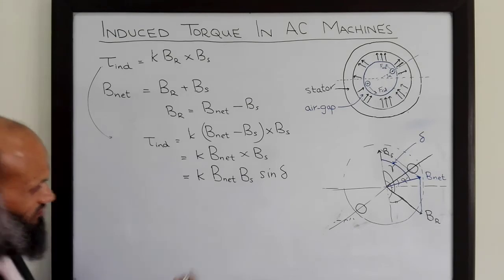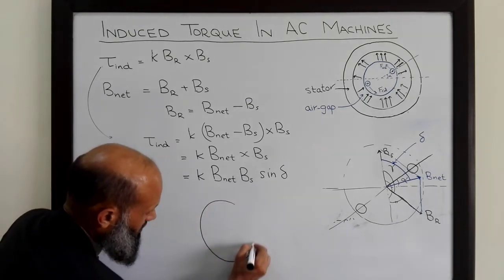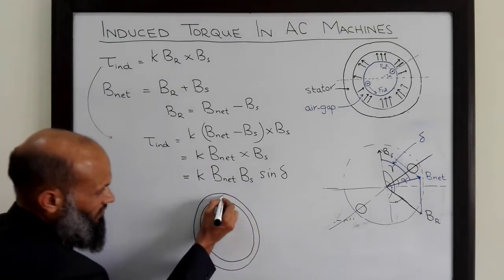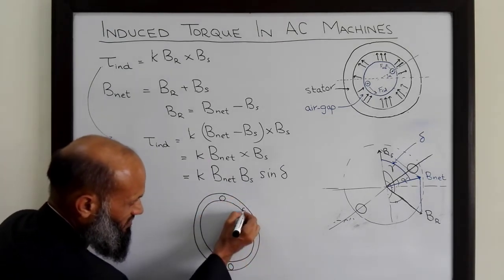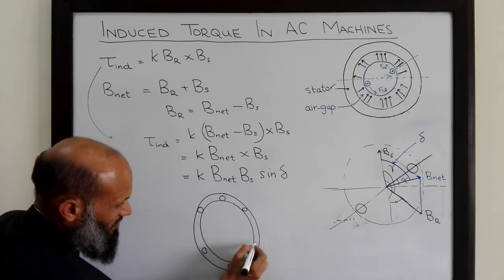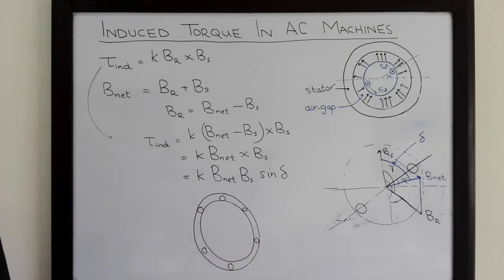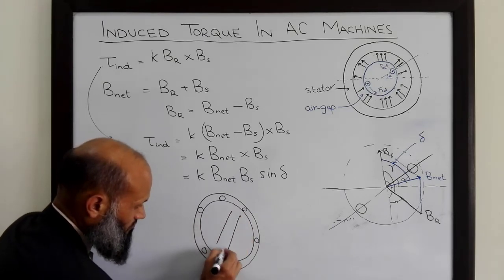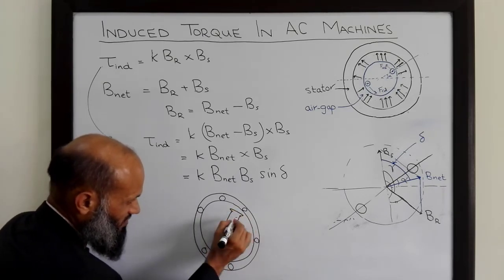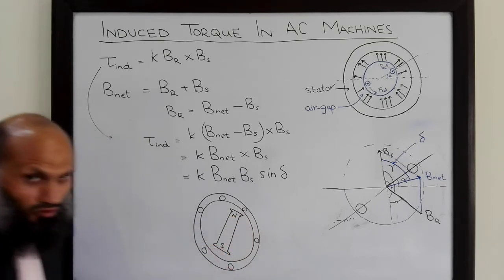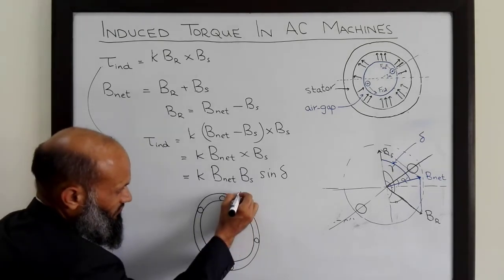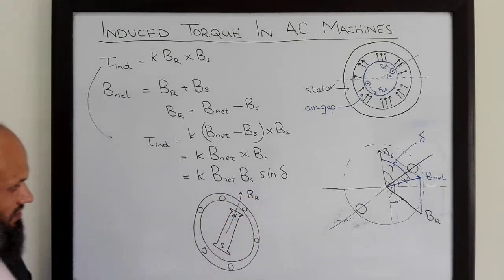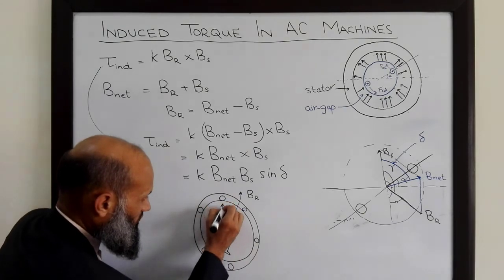In synchronous motors we have a stator with a set of three-phase coils. These coils are placed 120 degrees apart from each other and supplied with three-phase currents, and the rotor has its own magnetic field, north pole and south pole. So this is the flux density vector Br, and this is the stator magnetic field.